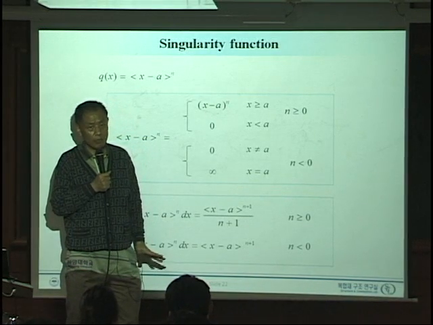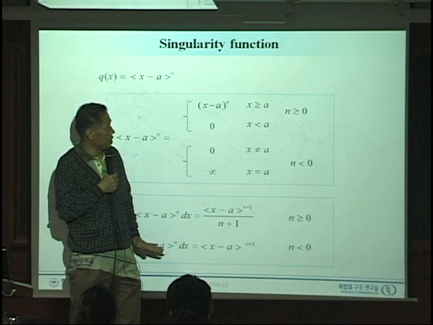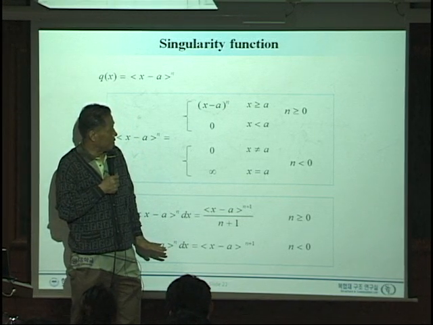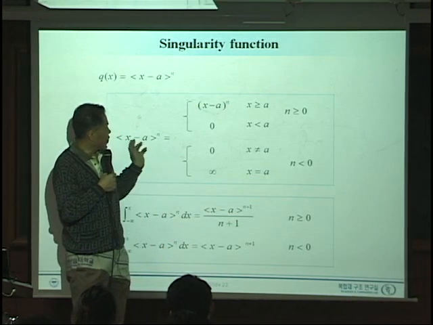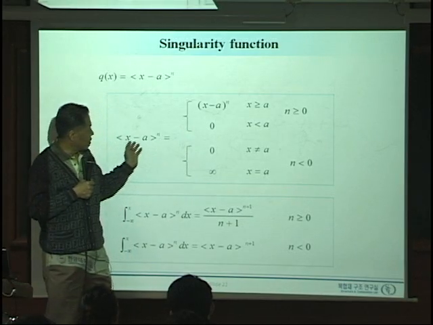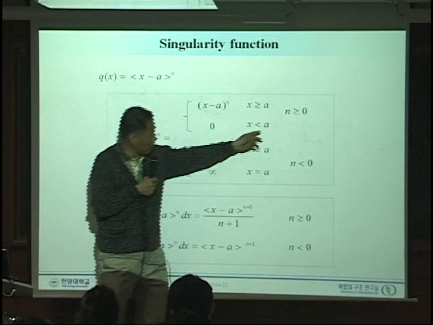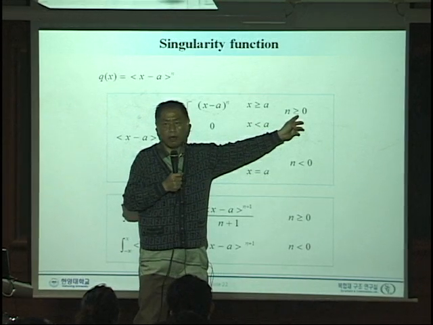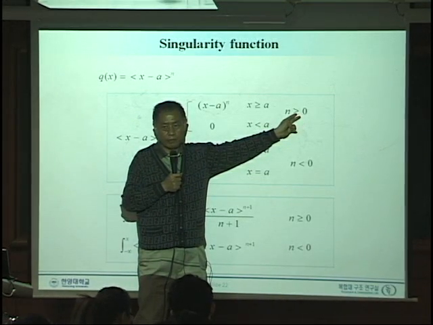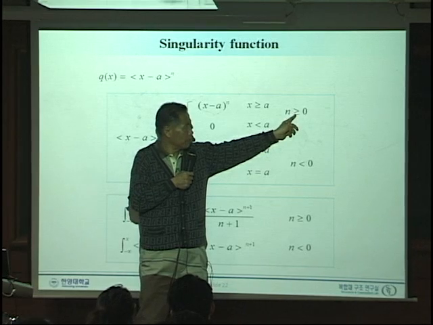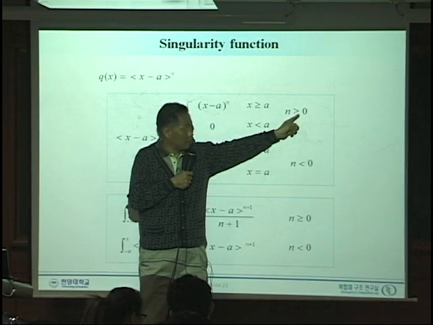Okay? It's simple. So using this definition, n can be a positive integer, including 0.